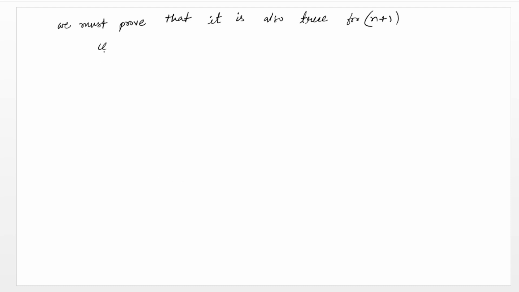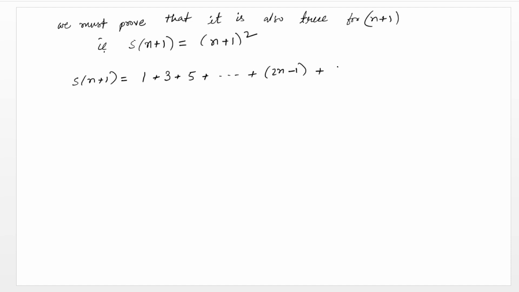That is, S of n plus 1 is equal to n plus 1 square. Now, S of n plus 1 can be written as 1 plus 3 plus 5 plus up to 2n minus 1 plus 2n plus 1. We put n equal to n plus 1 in the last term, 2n minus 1 plus 2n plus 1.